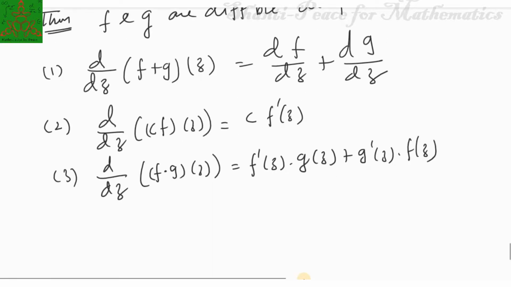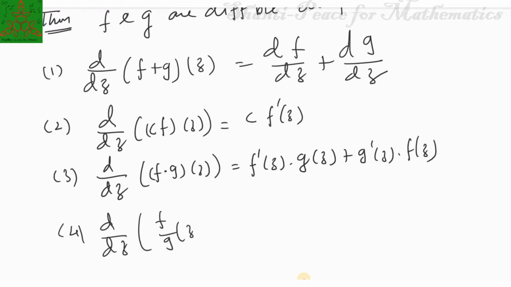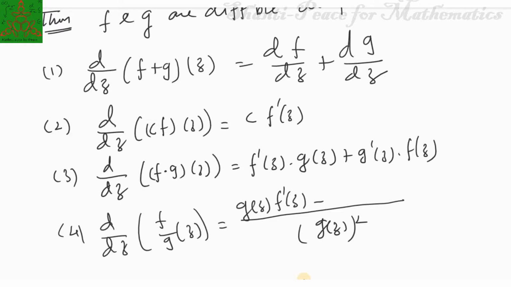And the fourth one, that is the division rule, d by dz of f upon g at z gives you g of z square, g of z f dash of z minus f of z g dash of z, provided g of z is not equal to 0.